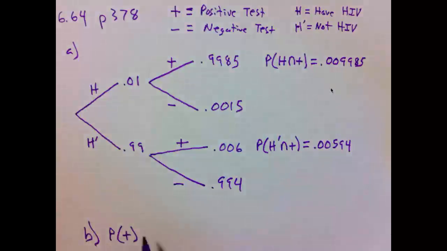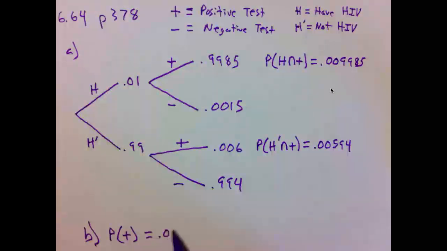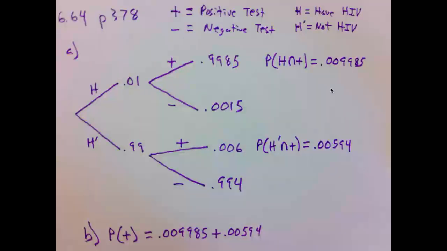So the probability of a positive result will equal the sum of those two. 0.009985 plus 0.00594.